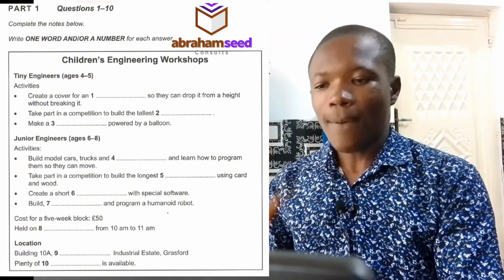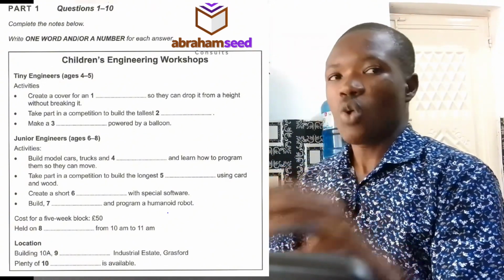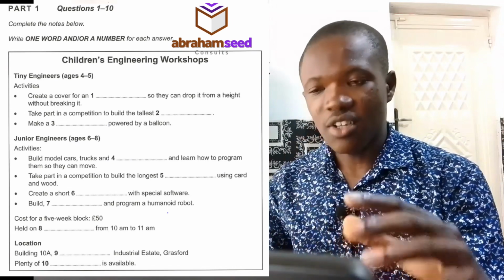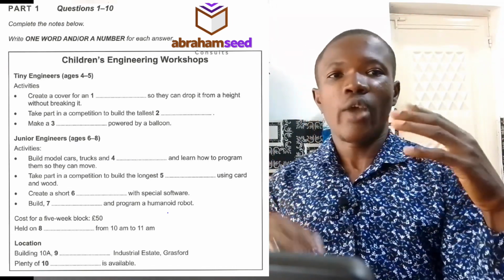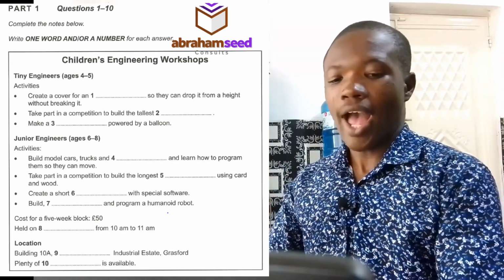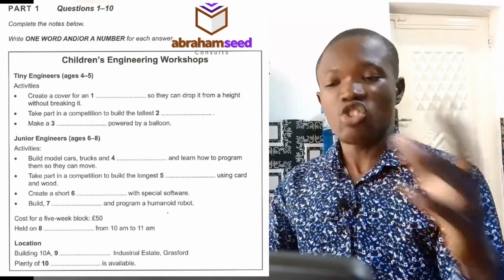Now, apart from that, the next information you have will be about the location of the workshops. That means where they're going to be organizing the workshop, perhaps the school, perhaps the address, and so on.